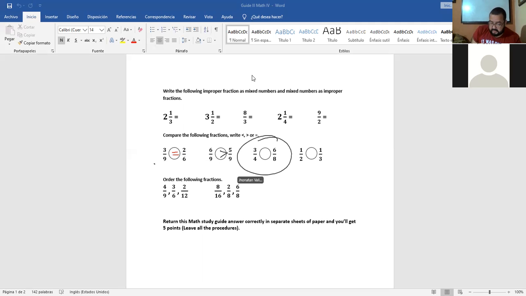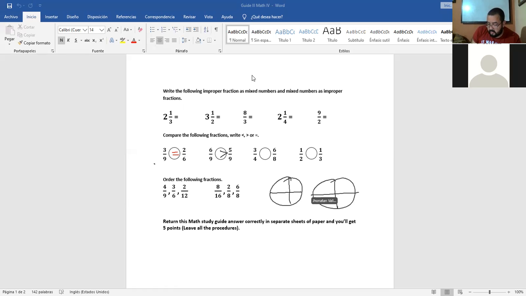Let's do this exercise. So here we have, let's do it with a circle. With 2 circles. We want to divide the first circle in 4 parts. Okay, let me do it better. 4 parts. And the second one in 8 parts.